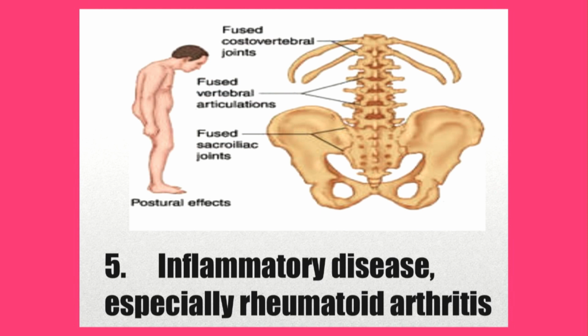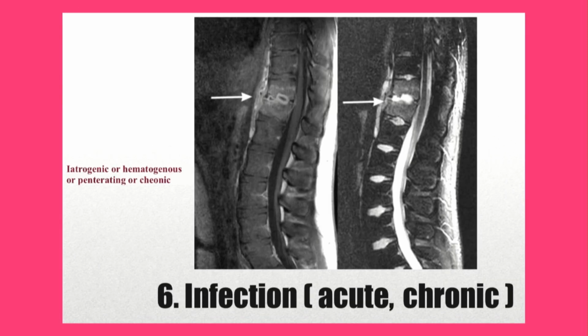The fifth cause of spinal disease is inflammatory disease, especially rheumatoid arthritis. We have what's called fused costovertebral joints affecting the vertebral articulation, and we have a fused sacroiliac joint. The sixth is infection.